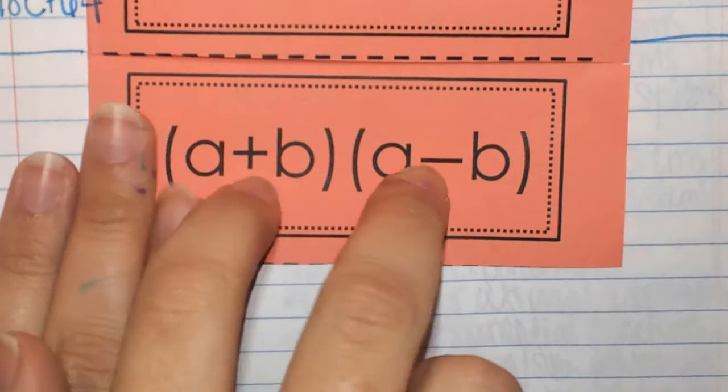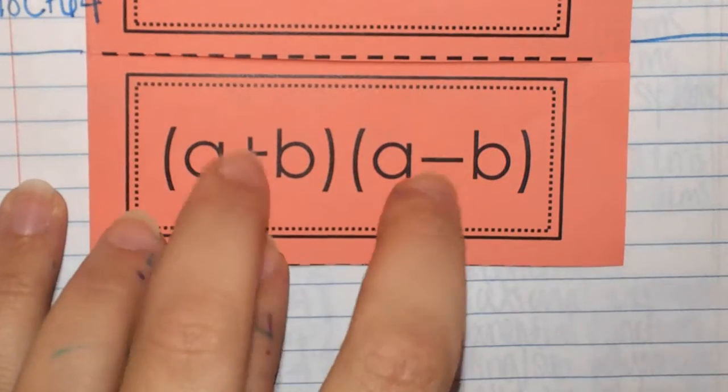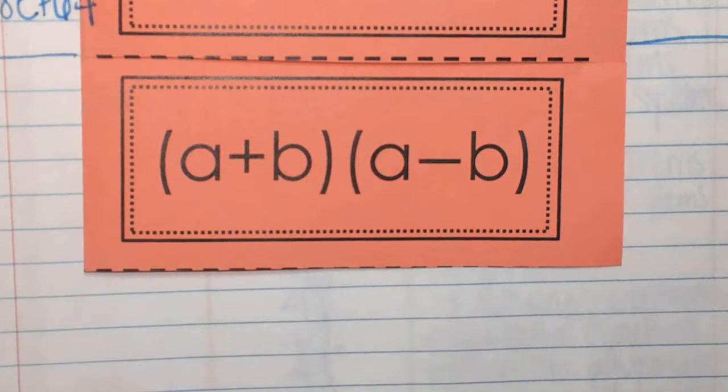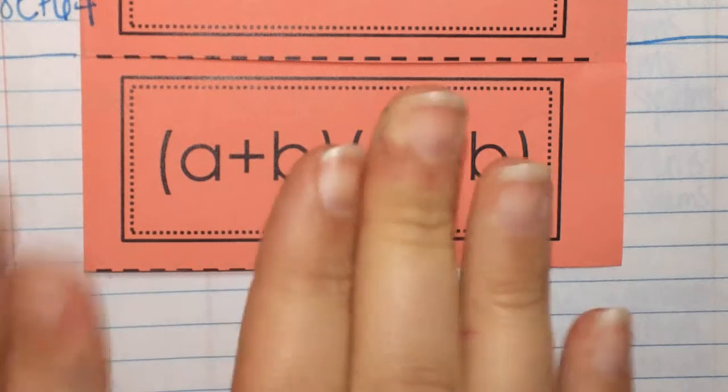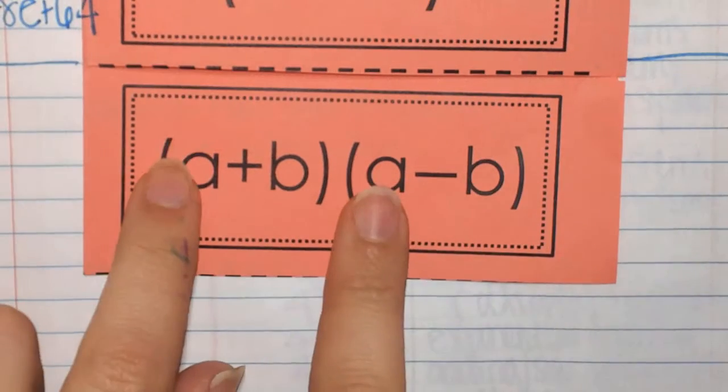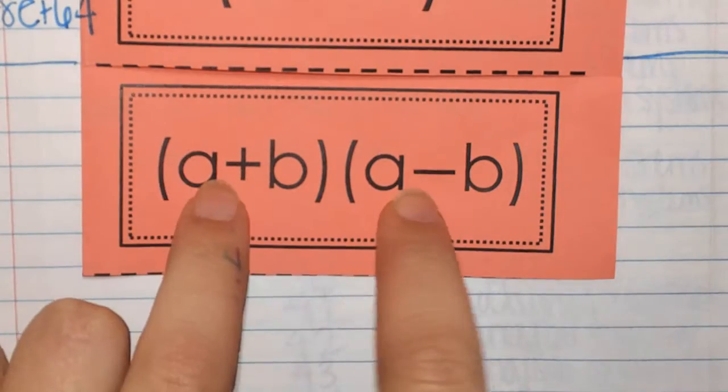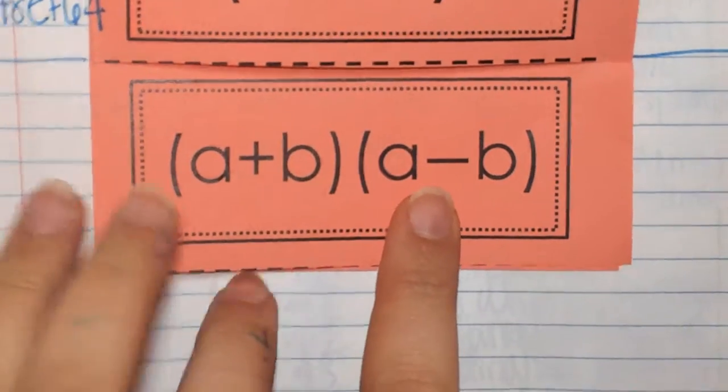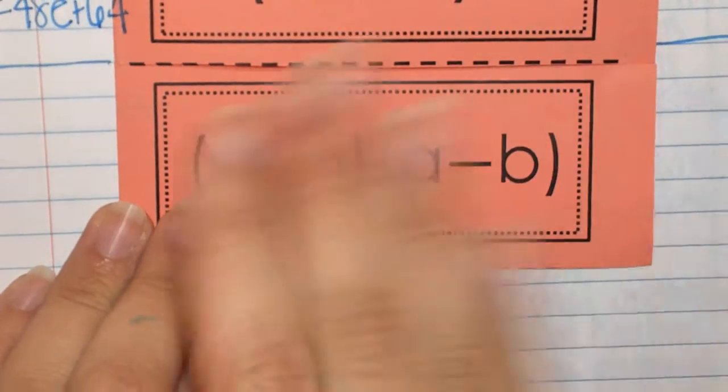Now, normally when I give you 2 binomials like this, what method would you use? FOIL. Okay? But this time, we have the same letter, they're just different with a plus and a minus. So they cancel. This is a special one as well.